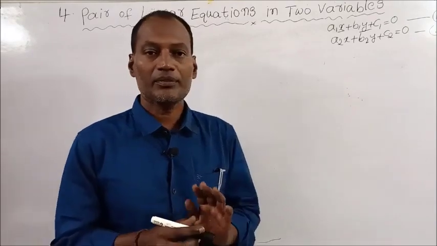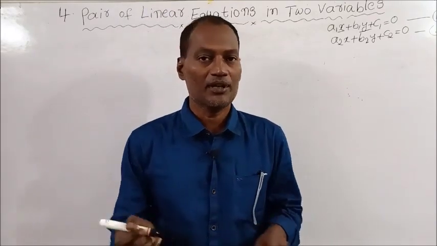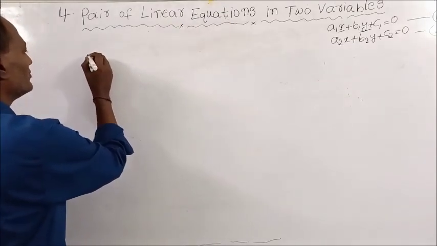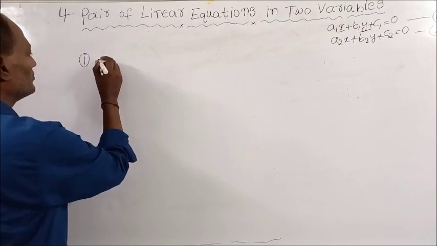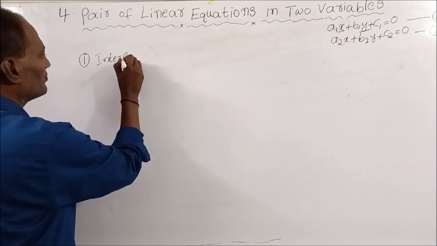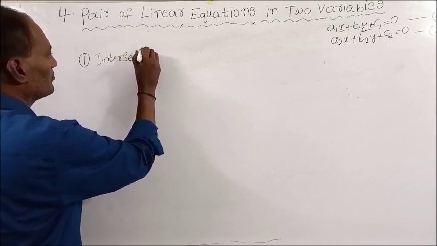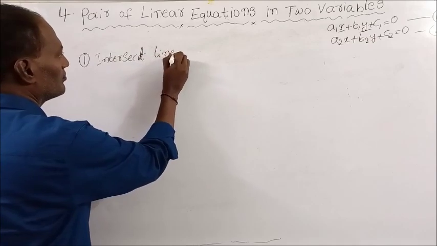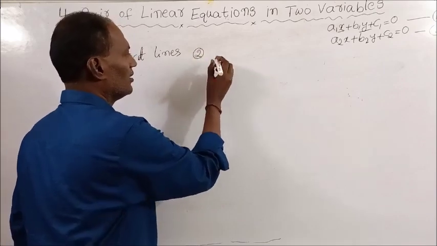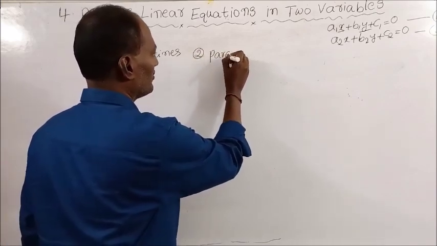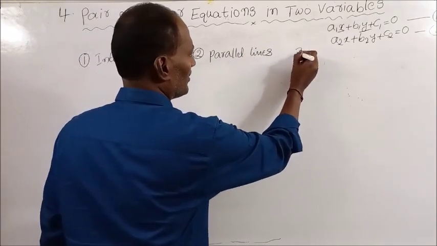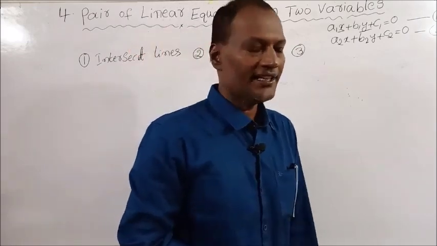There are three types of pairs of linear equations. One is intersecting lines, second is parallel lines, and third is coincident lines.